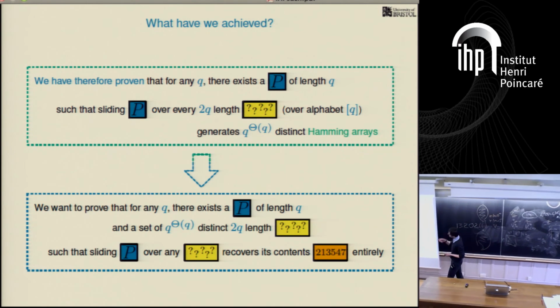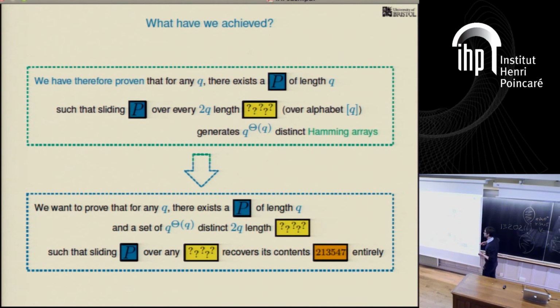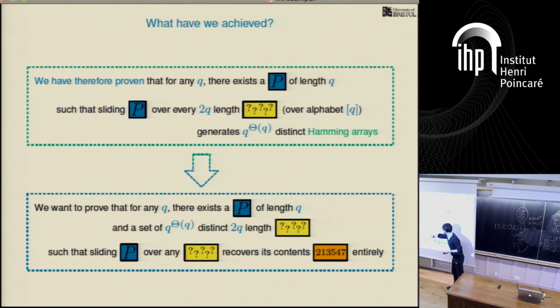So this implies what I said I actually wanted, which is to prove that for any q, there exists a pattern P of length q and a set of distinct ones of these, such that sliding P over any one of these uniquely recovers its contents. So you get the entirety of the contents of this back from sliding this over here and looking at its Hamming distance array.